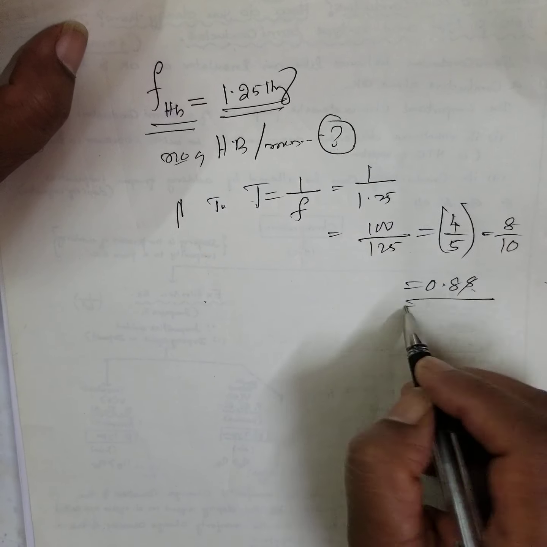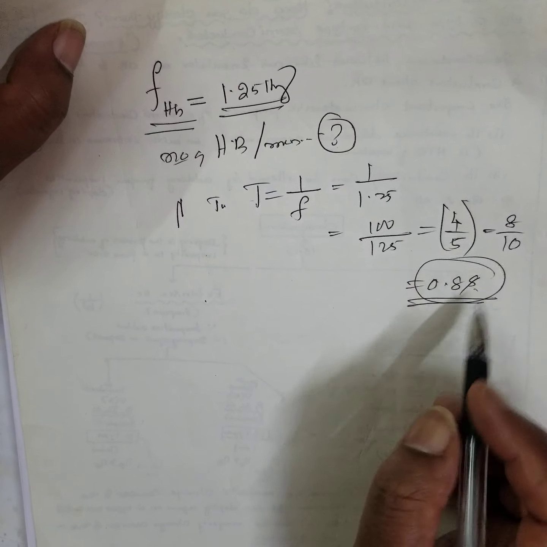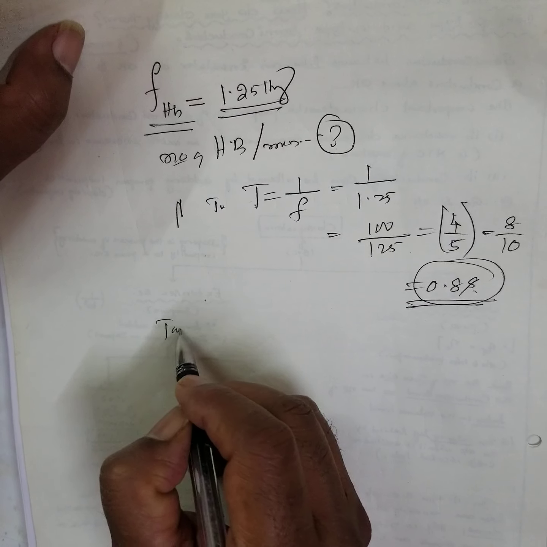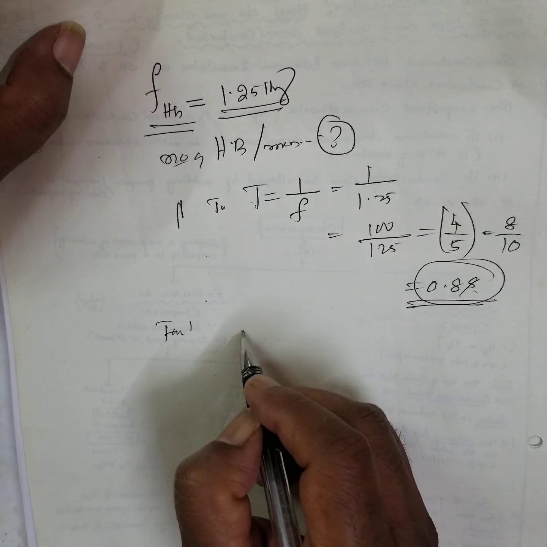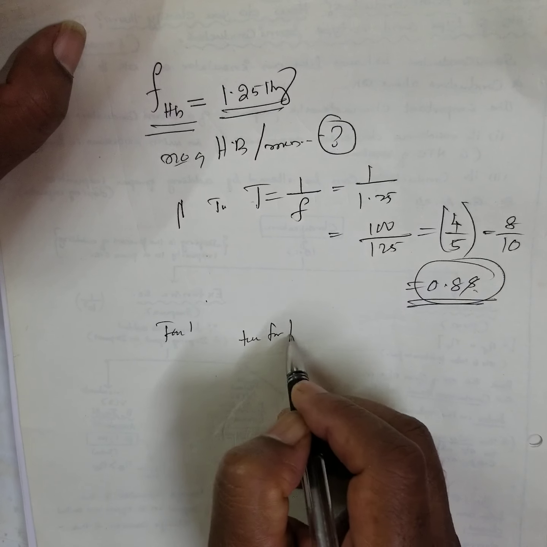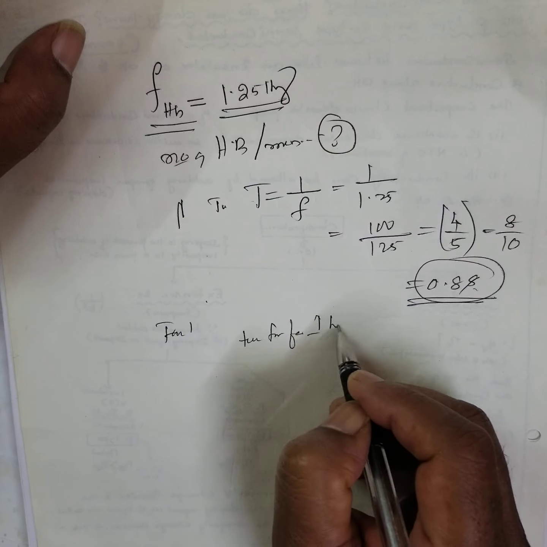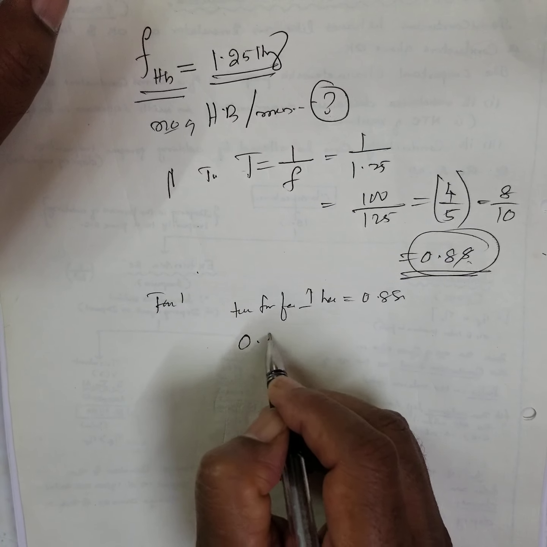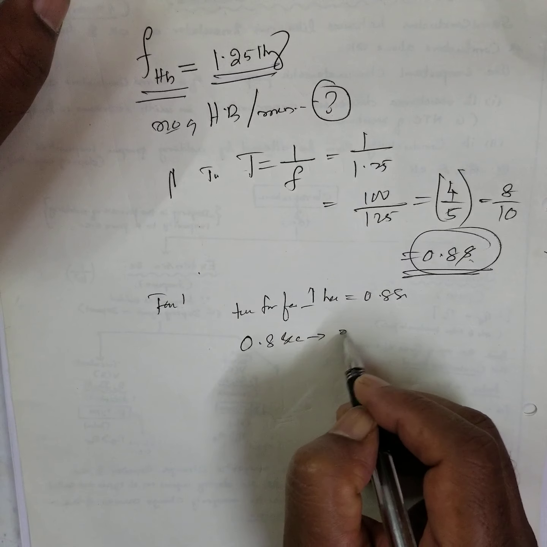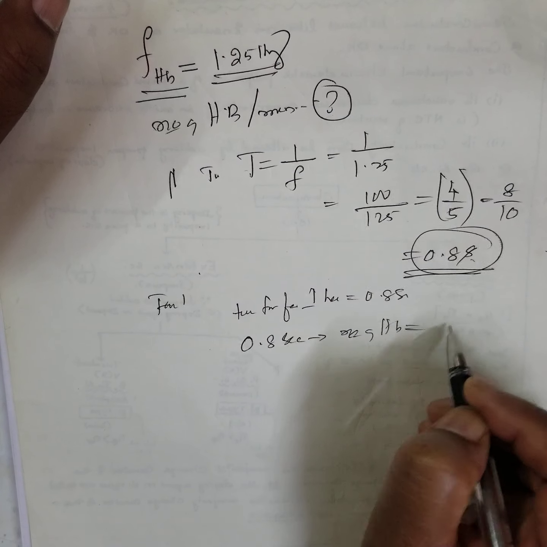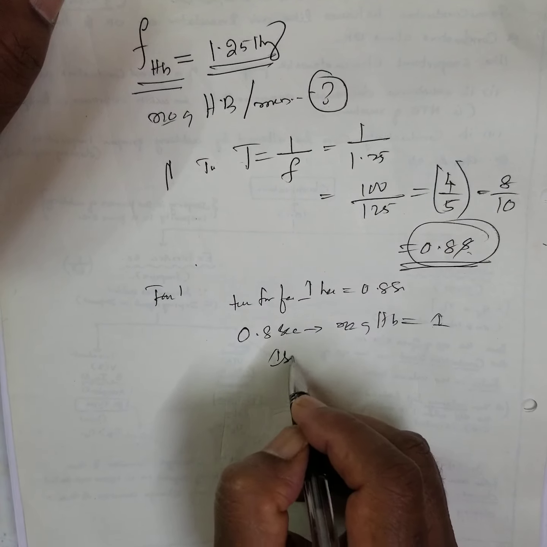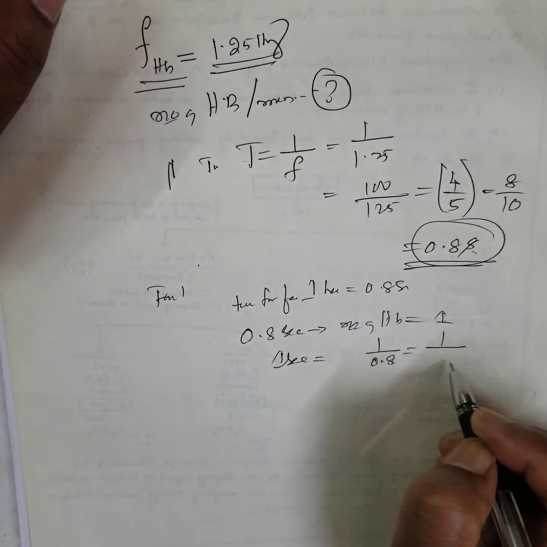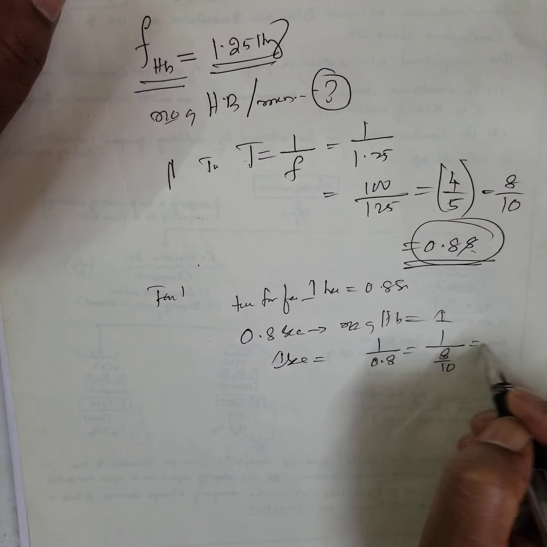That means the time taken for one beat is equal to 0.8 second. That means in 0.8 second, the number of heartbeats is equal to 1. Therefore, in 1 second, how much? In 1 second, the number of heartbeats is 1 by 8 by 10, or 10 by 8.